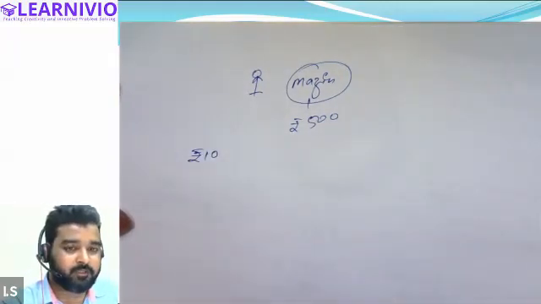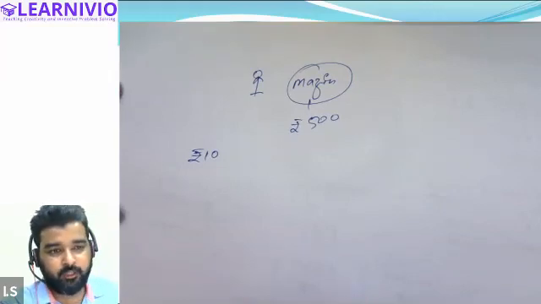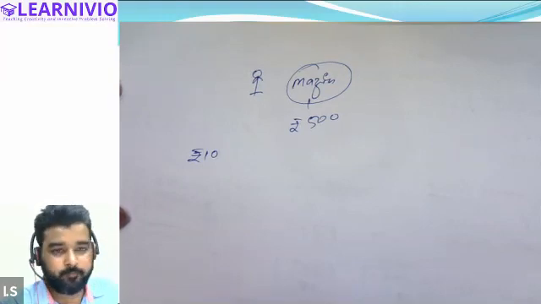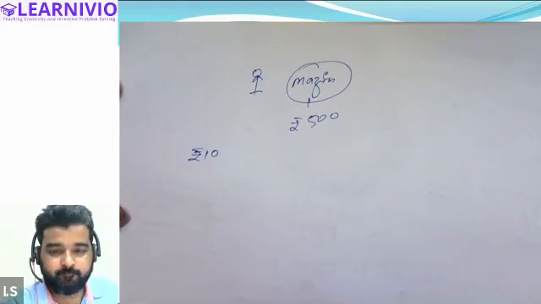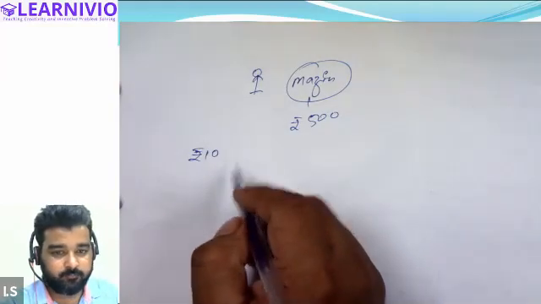So can you tell me, Mazin, how many 10 rupee notes you will require so as to equalize the amount that I have borrowed from you and the amount I am giving you? To make it 500, how many notes will you require?